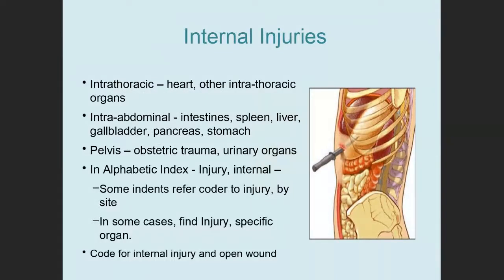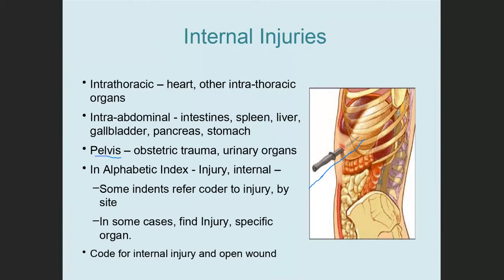Internal injuries harm the internal organs. See the picture of the knife going into the chest. These injuries may be intrathoracic, meaning they affect the heart or other organs in that area. Intra-abdominal: intestine, spleen, liver, gallbladder, pancreas, stomach.